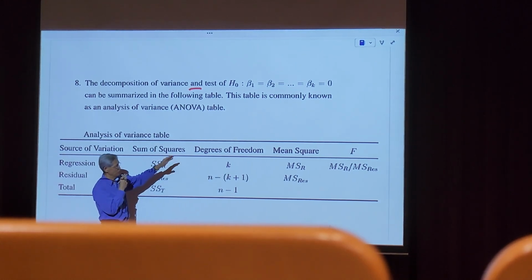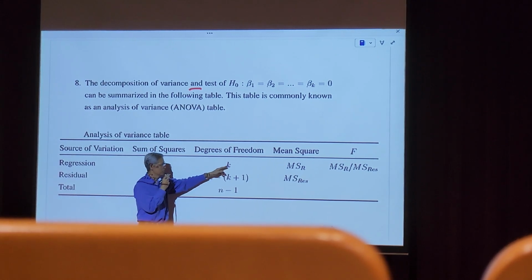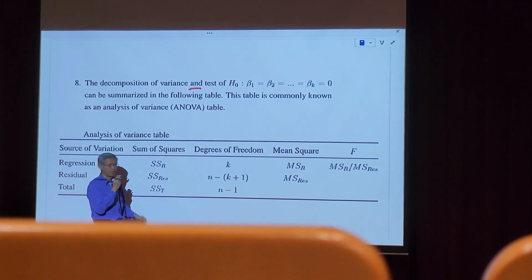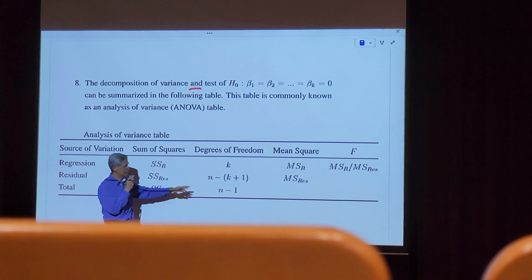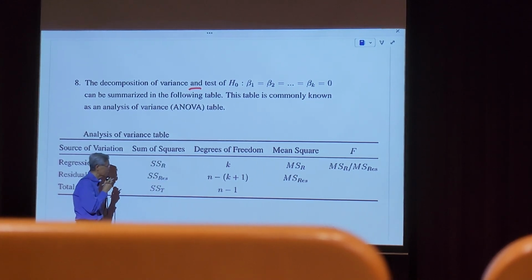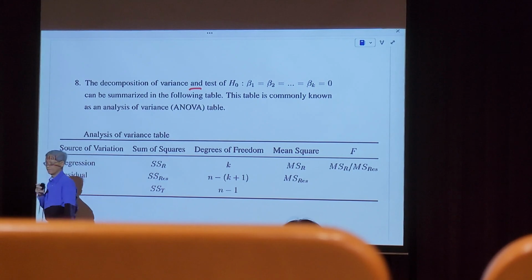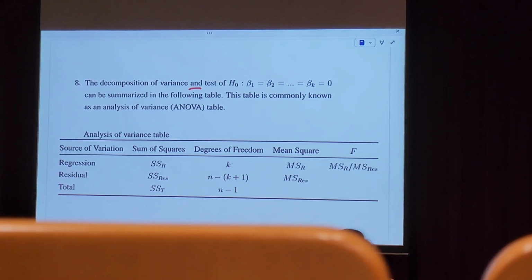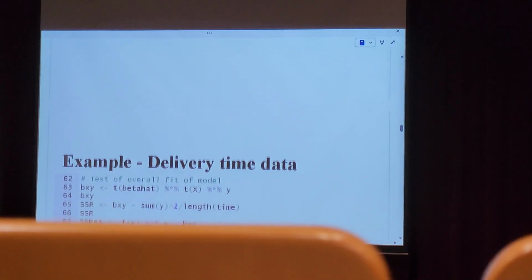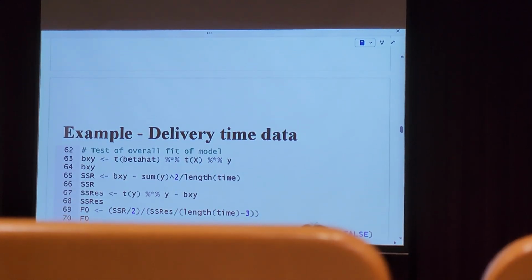So if you have 3 regressor variables, excluding beta naught, as I've explained, the sum of squares residue has n minus the total number of regression coefficients. So that's what happens. And then you divide this by this to get the F statistic. In R, you will also print a p-value for the test. The p-value is, I think, slightly a better way to test it.